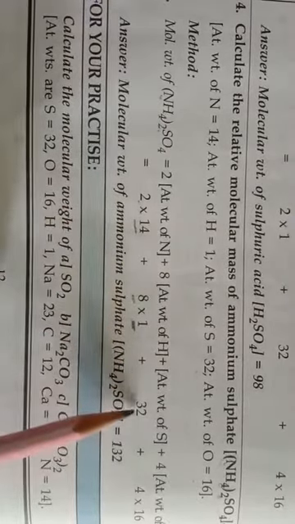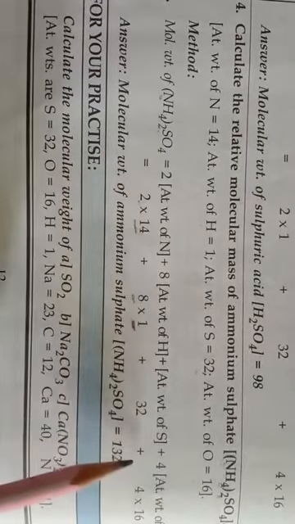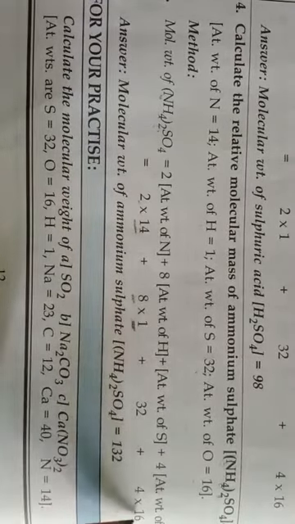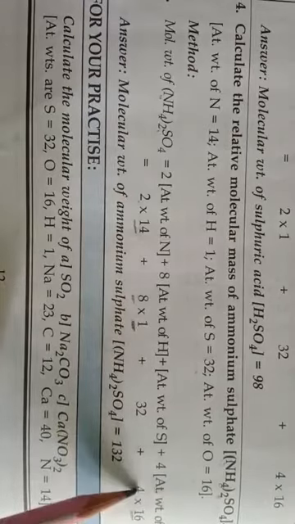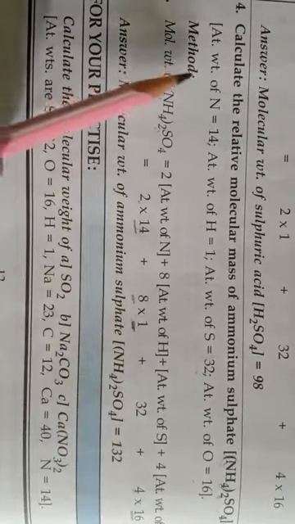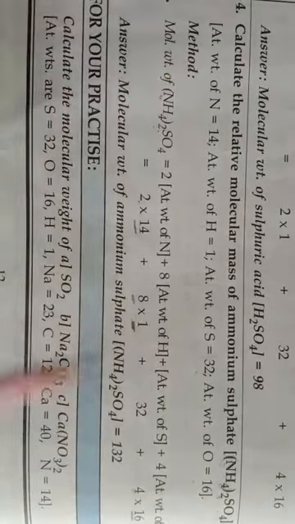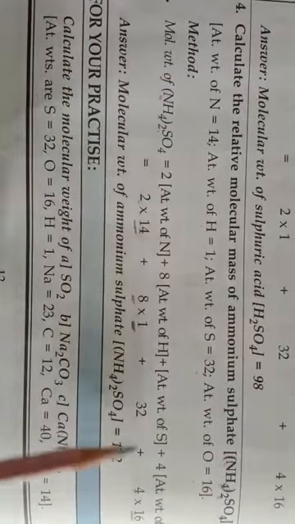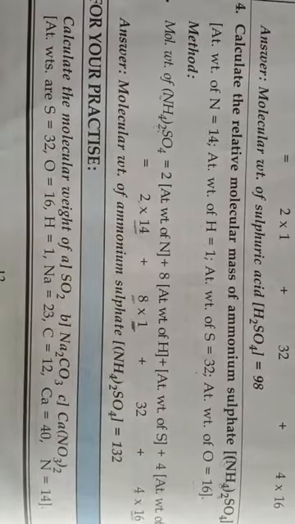Plus atomic mass of sulfur is 32 and plus atomic mass of oxygen is 16 into 4, because 4 atoms of oxygen are present here. So when you calculate all these numbers, you will get 132 as the answer.